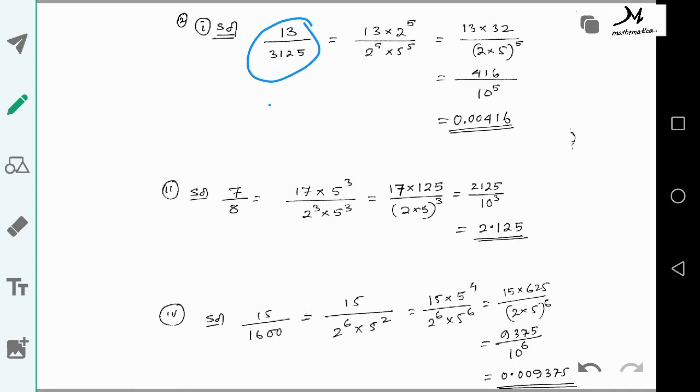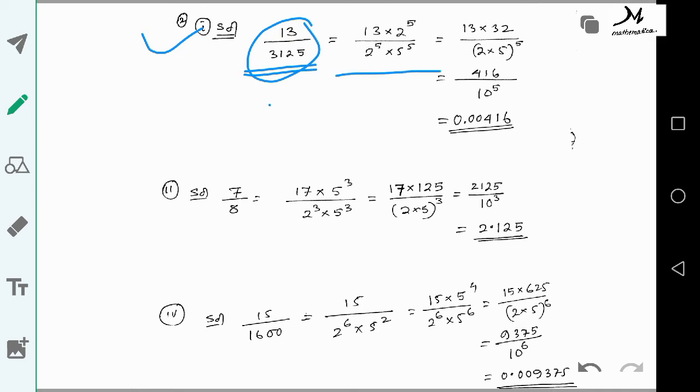3125. In question number 2 also we have to express those rational numbers given in question number 1, so that's why I have written here question number 2 (1). Solution. Now you see, 3125 can be factorized as 5 to the power 5.